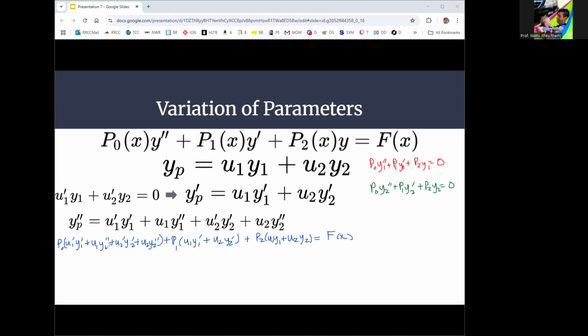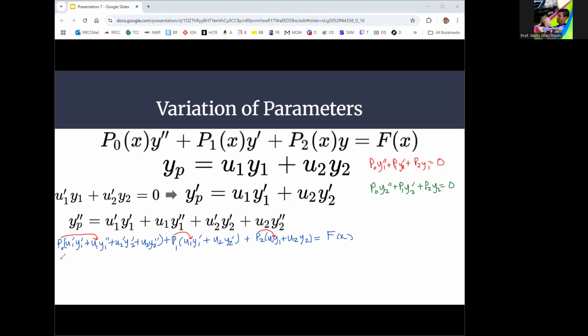So if you distribute, we can get p0 times u1 y1 double prime, and then p1 times u1 y1 prime, and then p2 times u1 y1.